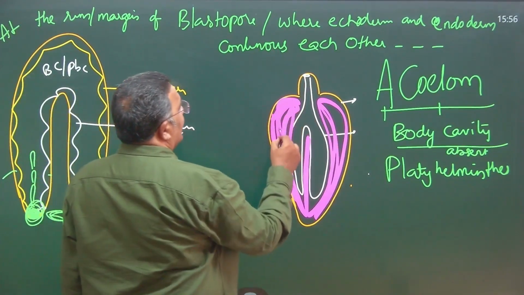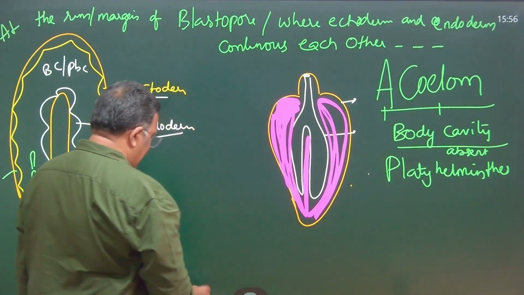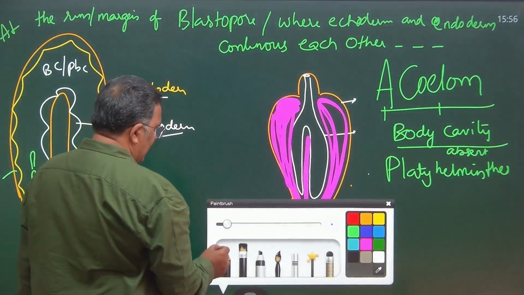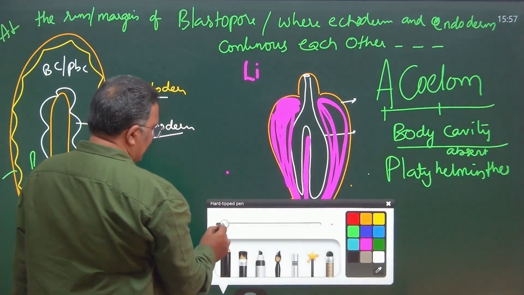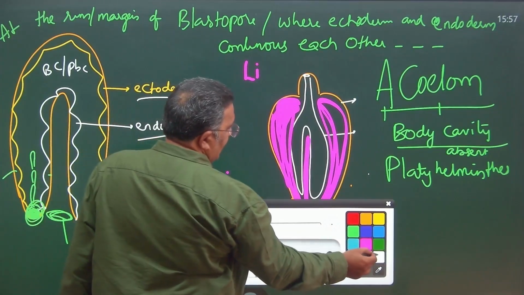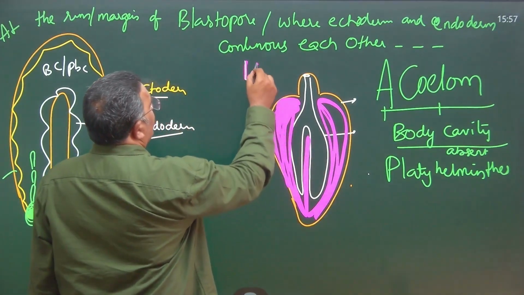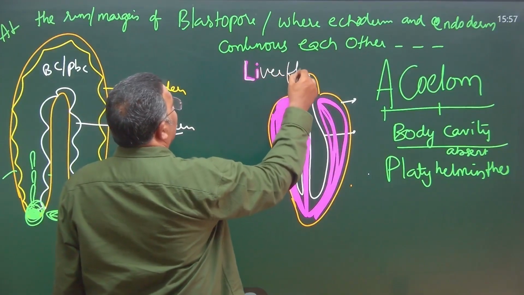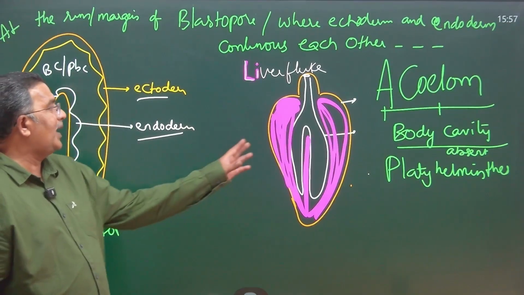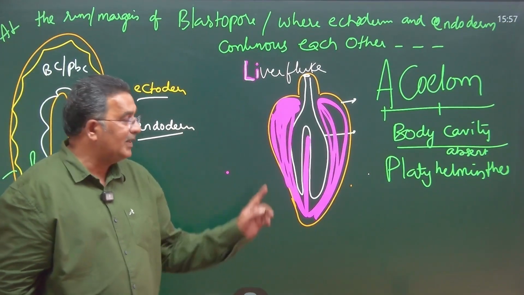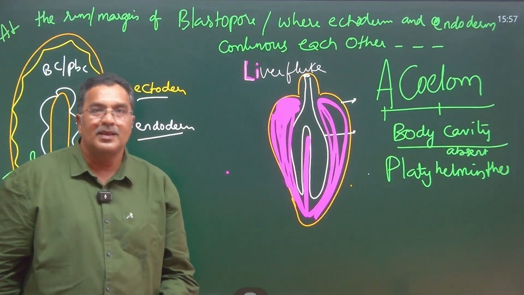So now we are asking Fasciola hepatica, or you may call commonly liver fluke, a parasite of phylum Platyhelminthes, which doesn't have a body cavity between the body wall and gut wall.